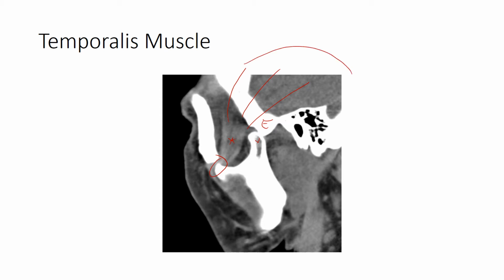And you can see that this muscle will contract and pull the jaw back and up. And so if this is active when this condyle is anterior to the articular eminence, you can see how difficult it is for this condyle to go back down and back into the joint.